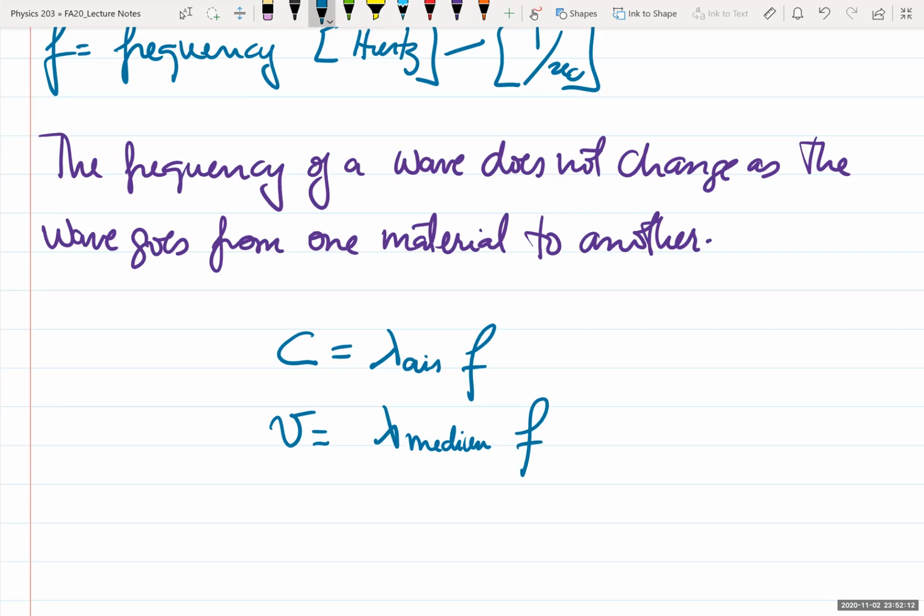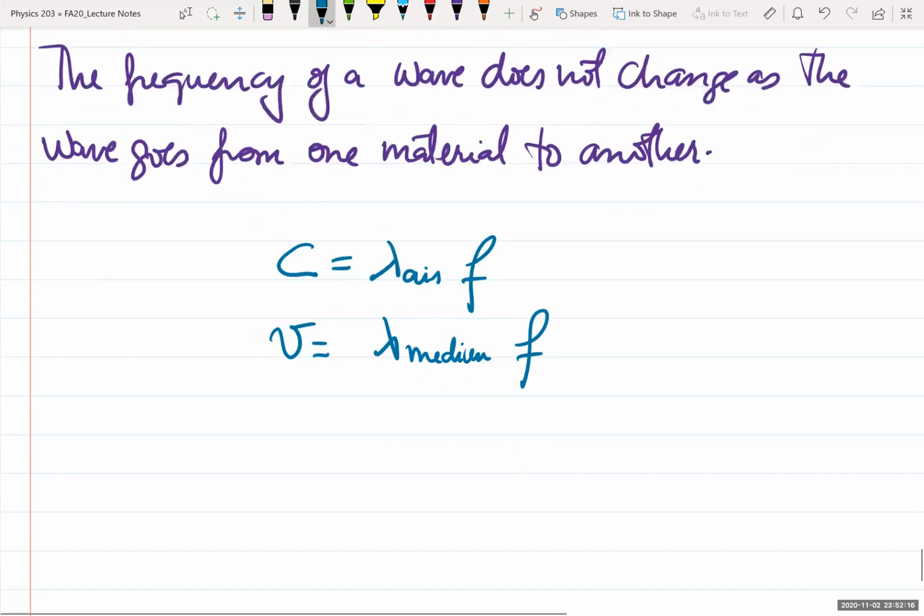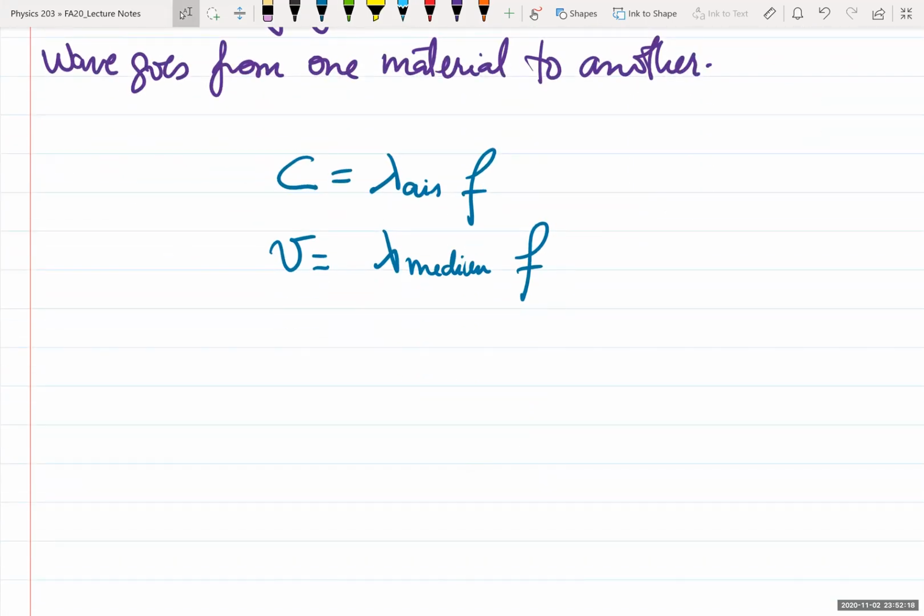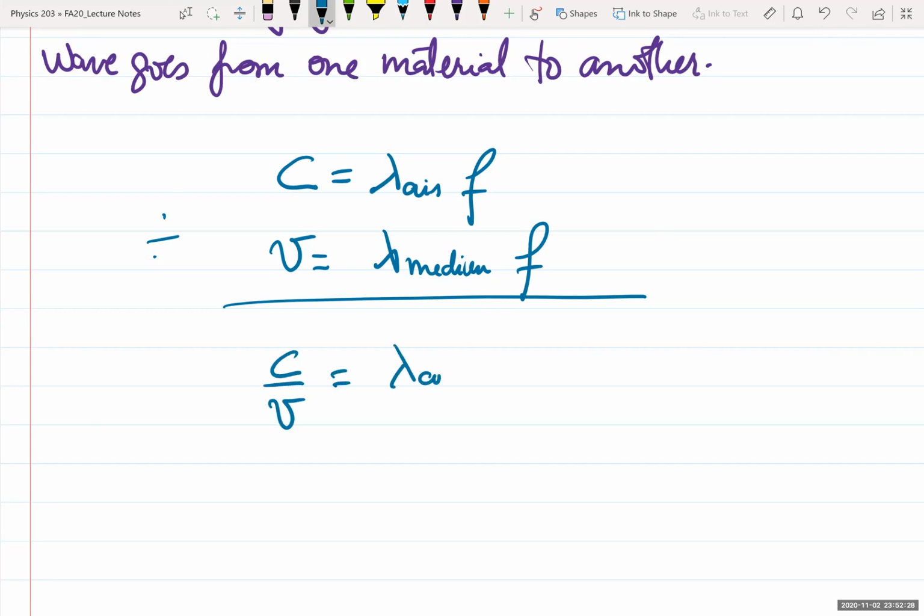Remember, the frequency does not change. If I take a ratio of these two equations and divide them, I get c over v equals the wavelength in air over the wavelength in the medium, times frequency over frequency, which cancels out.